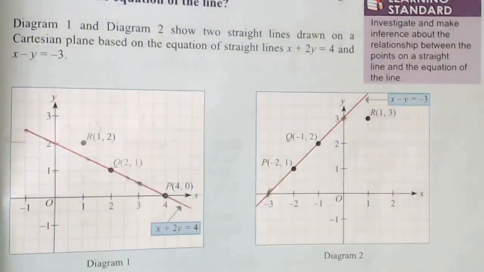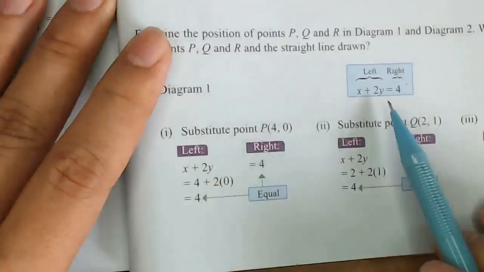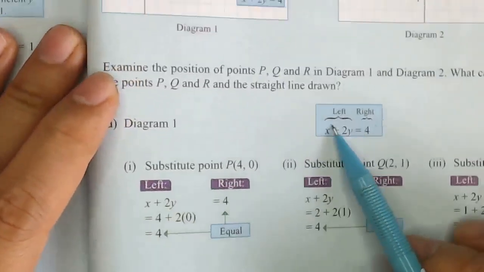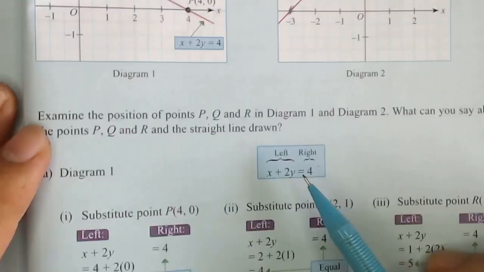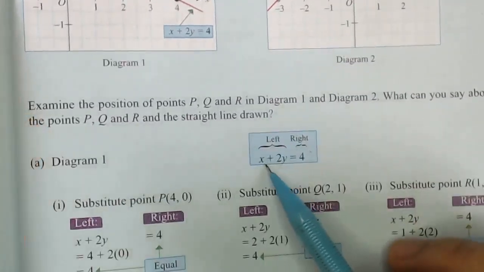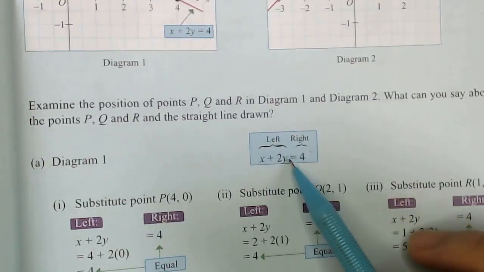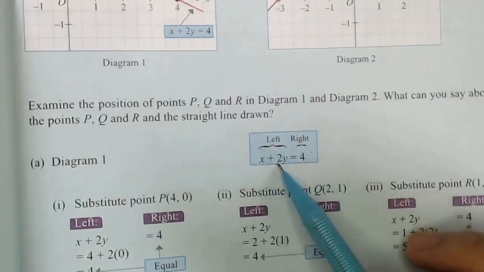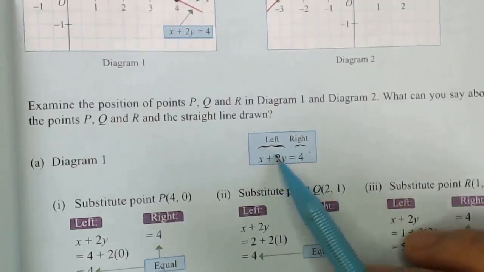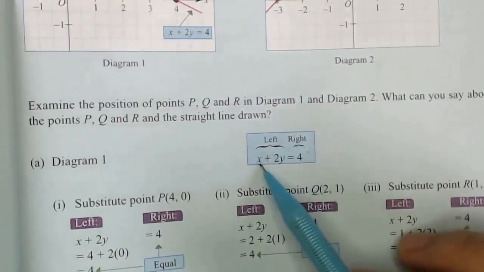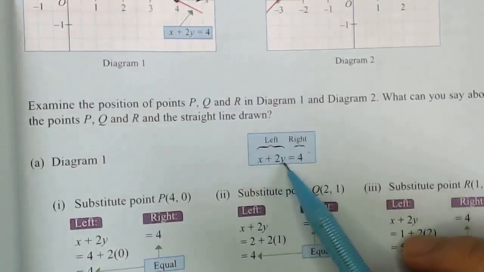The idea is this. We're going to substitute the point in the left side of the equation, filling in what is x and what is y.